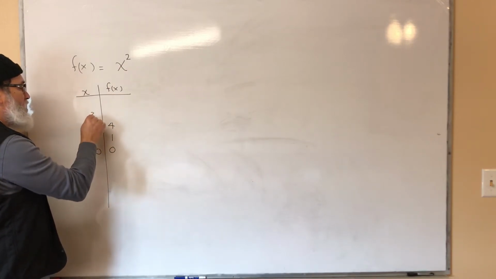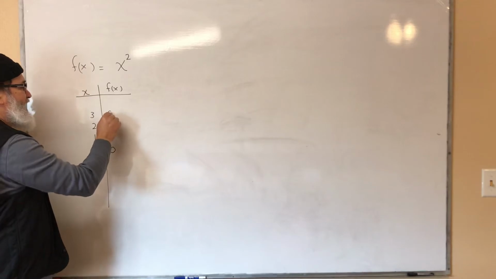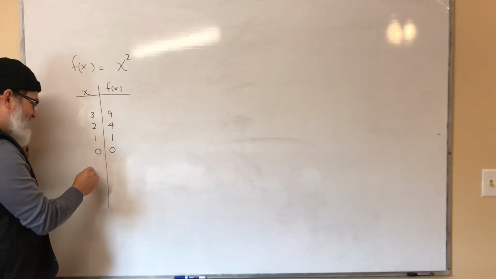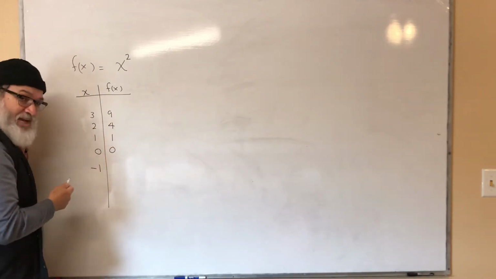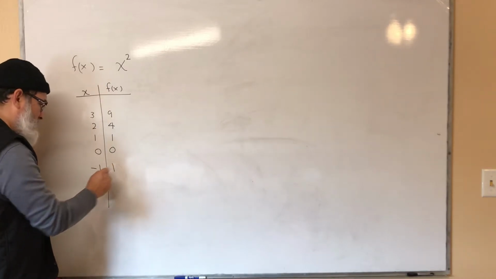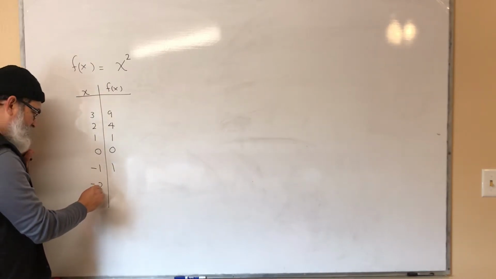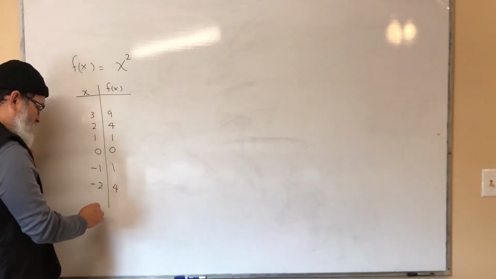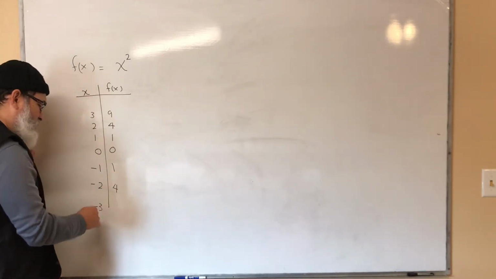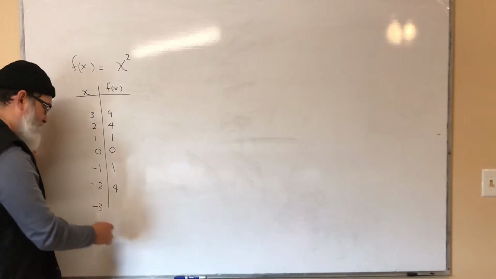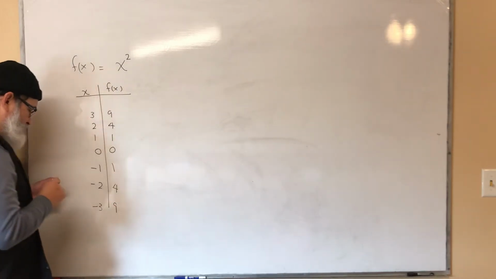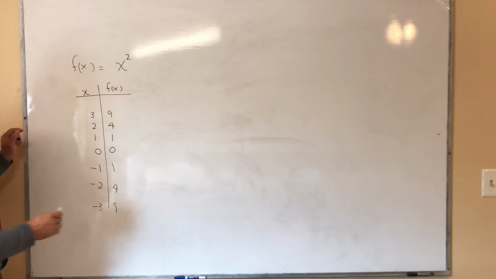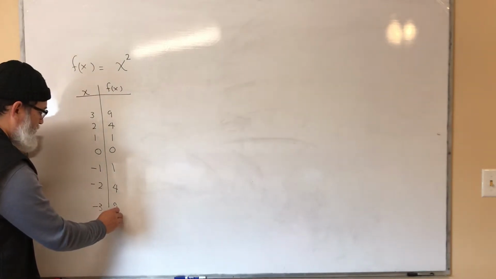When x is 3, 3 squared is 9. When x is negative 1, what's negative 1 squared? 1. When x is negative 2, what's negative 2 squared? 4. When x is negative 3, what's negative 3 squared? 9. That's a 9, okay?